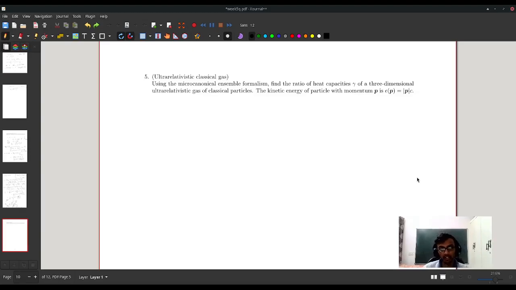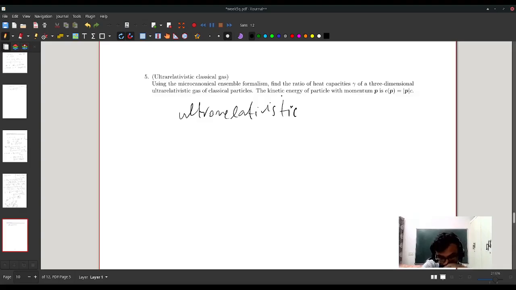Here we have an ultra relativistic gas of classical particles in 3 dimensions. By ultra relativistic, we mean that the kinetic energy is much greater than the rest mass energy.